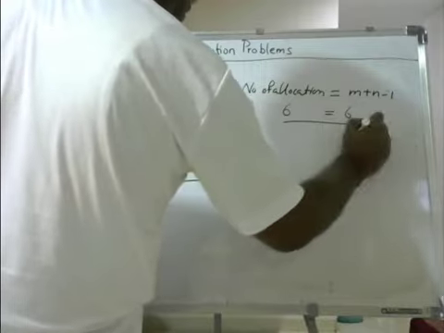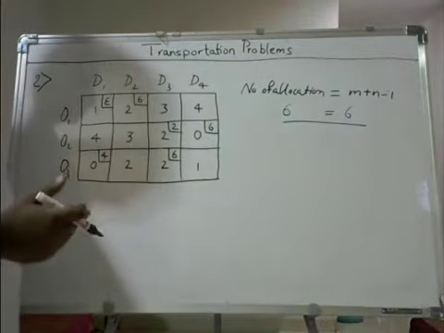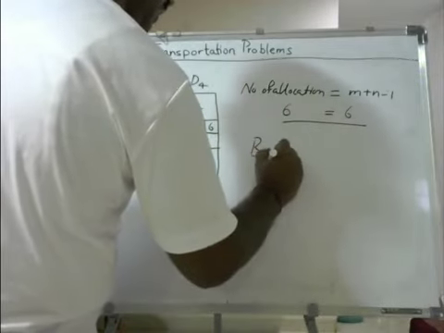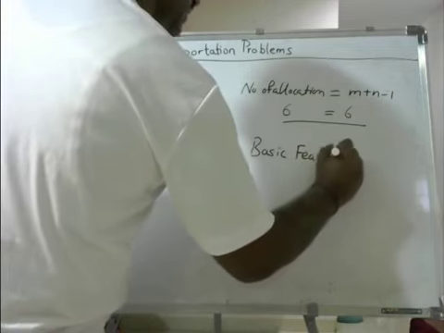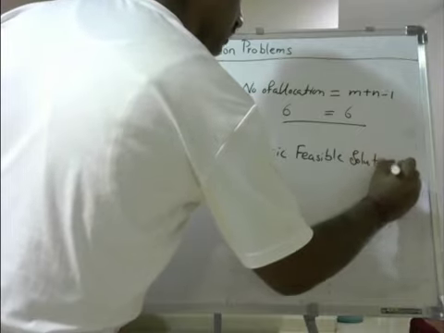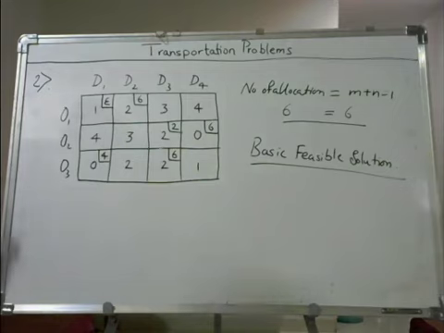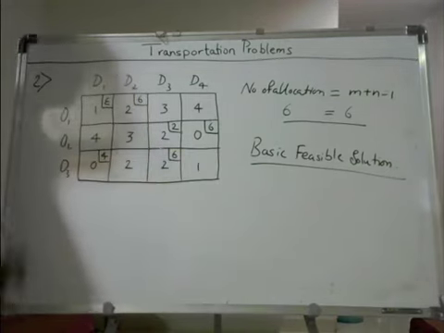So both are equal. That means that we have converted a degenerate solution to a basic feasible solution. We have successfully done this. Once you have this basic feasible solution, you can go ahead and solve the optimality test.